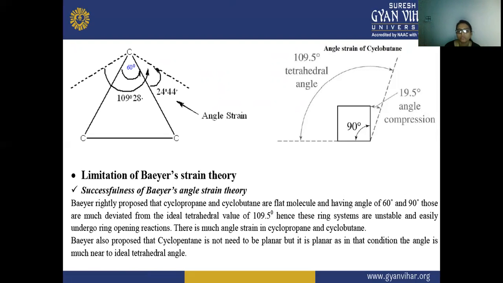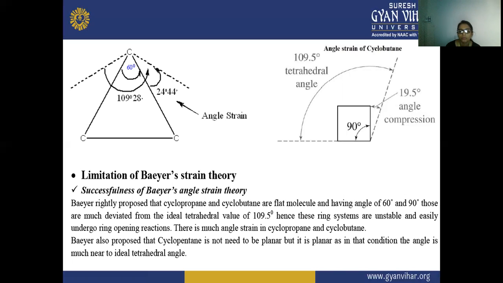The success of Bayer angle strain theory is that Bayer rightly proposed that cyclopropane and cyclobutane are flat molecules with angles of 60 and 90 degrees. Those are much deviated from the ideal tetrahedral value of 109.5 degree. Hence, these ring systems are unstable and easily undergo ring opening reaction, and there is much angle strain in cyclopropane and cyclobutane.